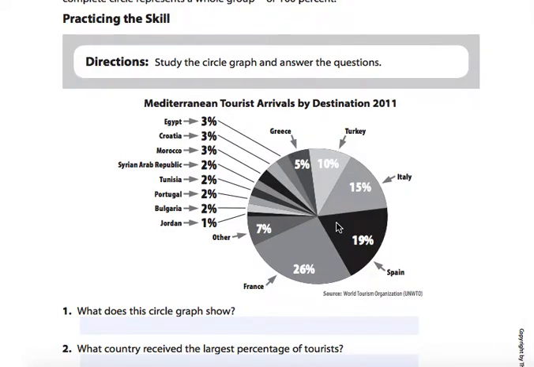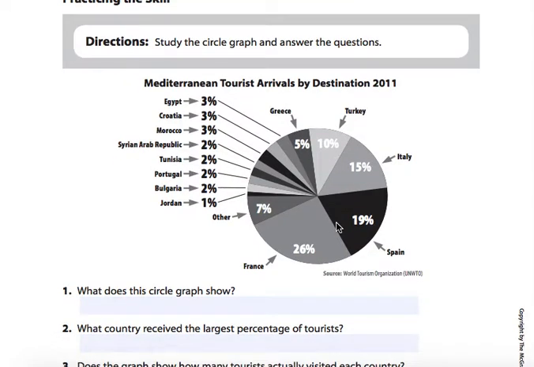Let's answer the questions. Number one, what does this circle graph show? Well, it shows the percentage of the total number of tourists who visit various countries. We know that of all of the tourism that happens, you take that entire population of what is a known fact or estimated fact of how many people actually travel to other countries in this part of the world. And where did most of those people go?